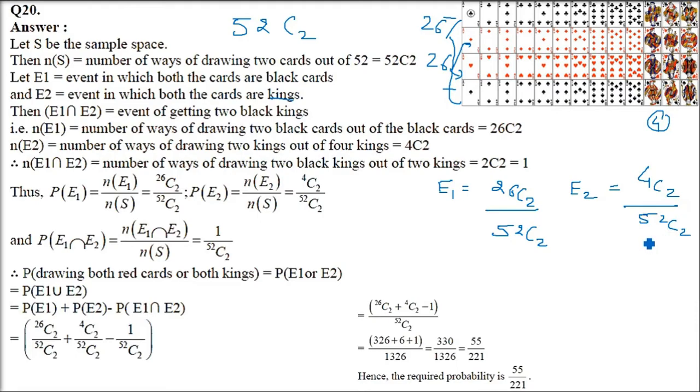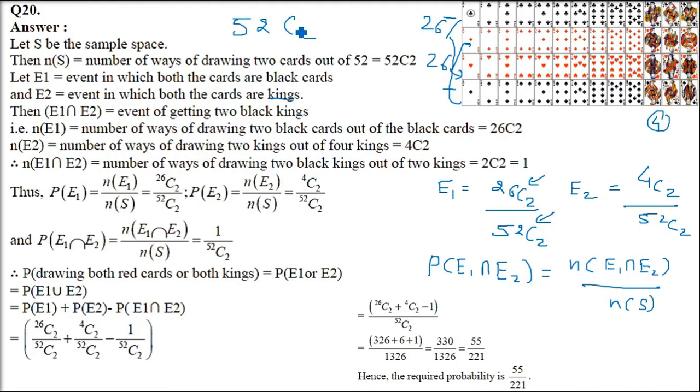Now this is the probability, P(E1), P(E2). Now we have to find out the probability of E1 intersection E2. For the probability, we want the number of favorable cases divided by number of total cases.